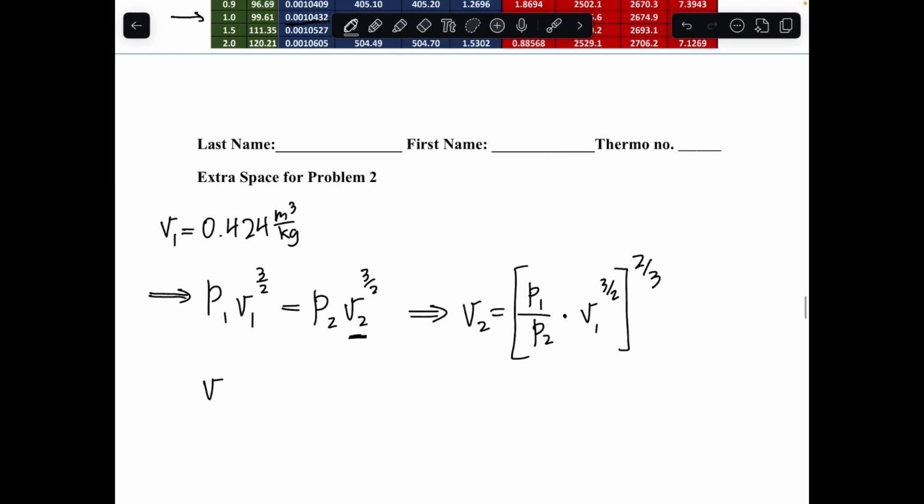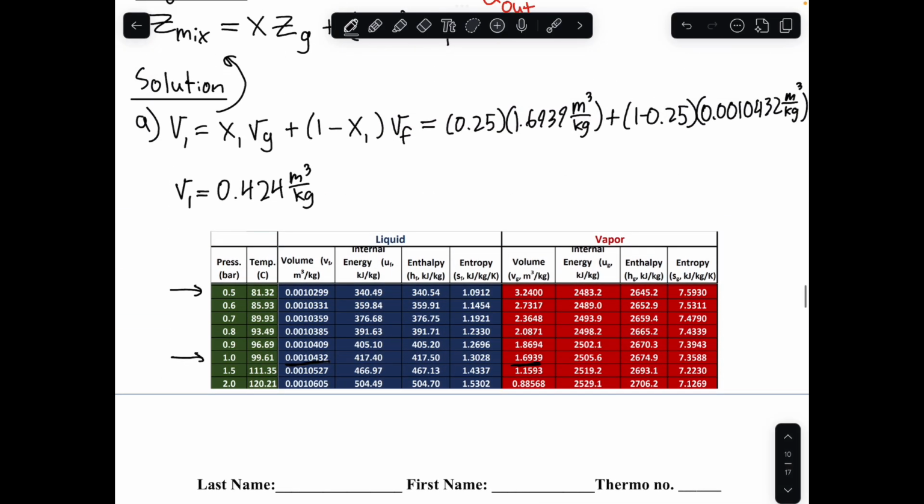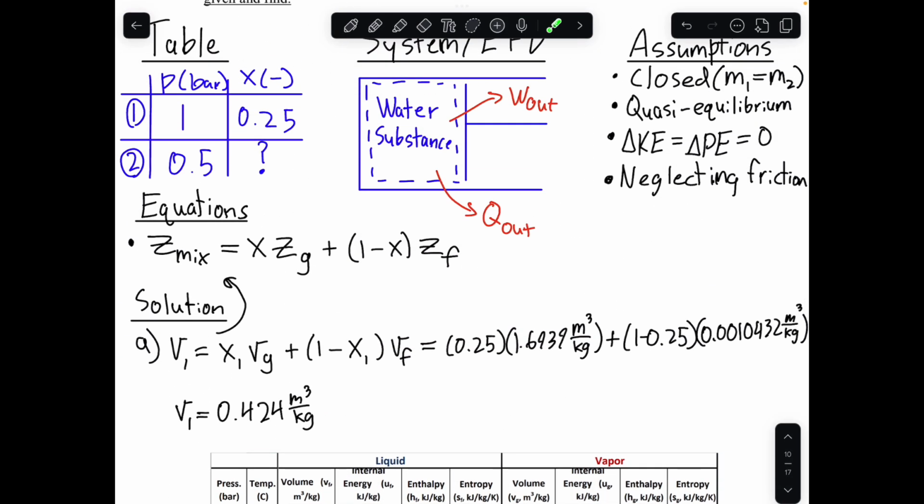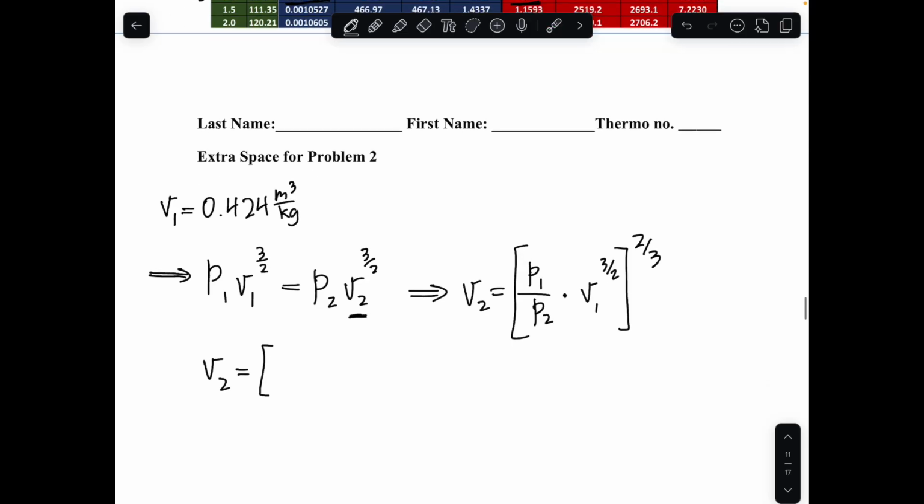So this is going to evaluate to P1 over P2. We can use the ratio still in bar here because the ratio in bar is going to be the same as the ratio in pascals or PSI or whatever standard unit you want to use. So we can keep it in bar, which is kind of nice here. So we get 1 bar over 0.5 bar times V1, which is 0.424 meters cubed per kilogram.